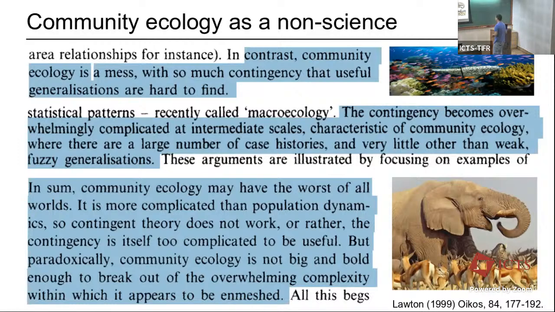So Lawton in 1999 actually wrote a very critical piece about community ecology, saying that community ecology is a mess. It's a non-science. It's just too complicated to make sense of.